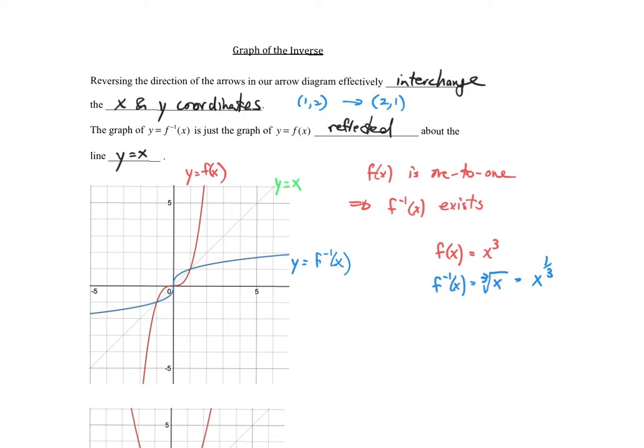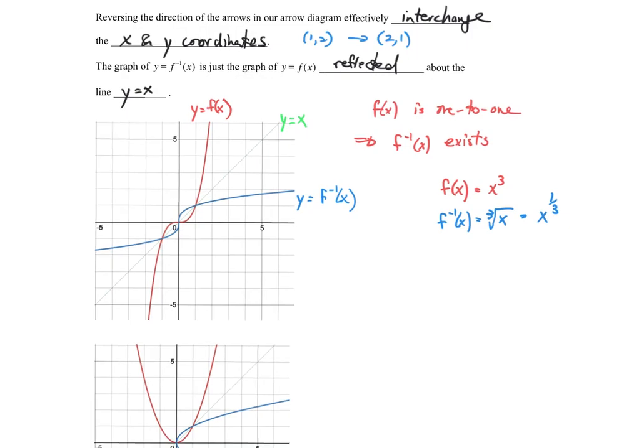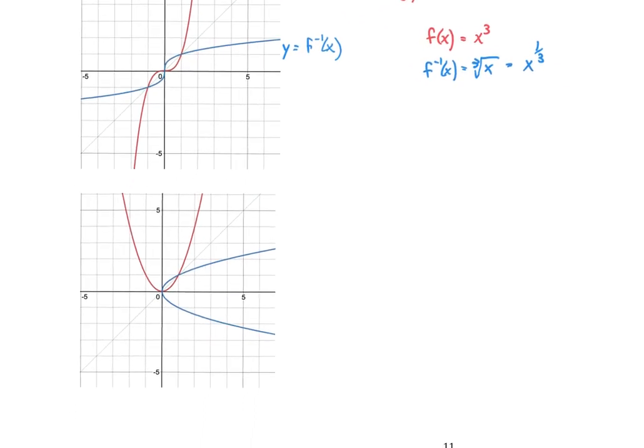Now, let's take a look at an example of a different situation. If we scroll down a little bit, we can see I've set up a scenario where the red graph, our original function, is still y is equal to f of x.